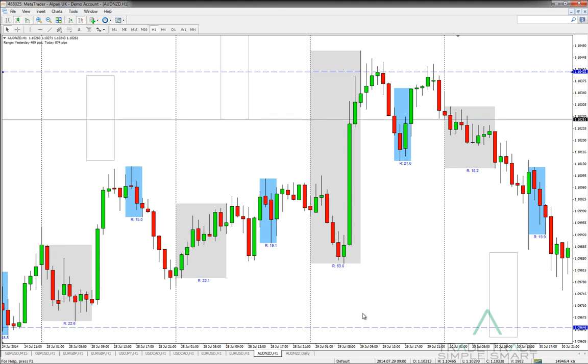Well, as before, they will generally drive prices into previous levels of support and resistance. Now, in this case, we're looking at manipulation taking place on the 29th of July. Okay, so they've run prices up out of the level 3 accumulation zone on the 29th of July.